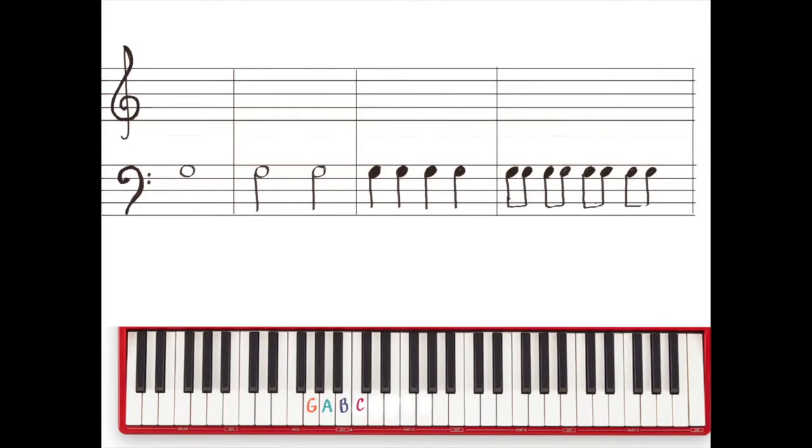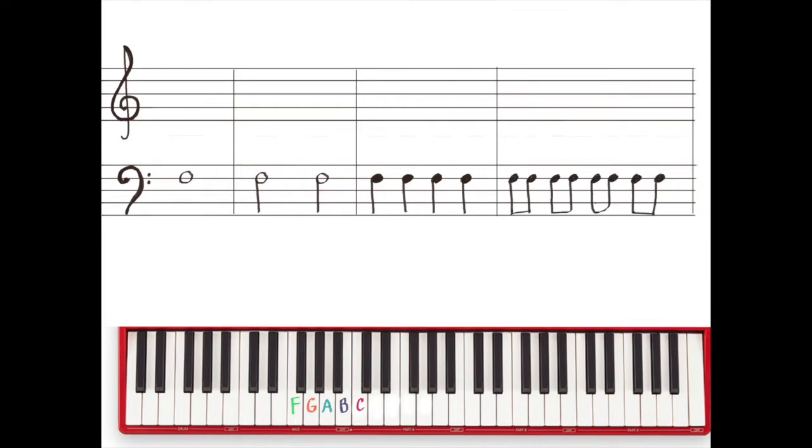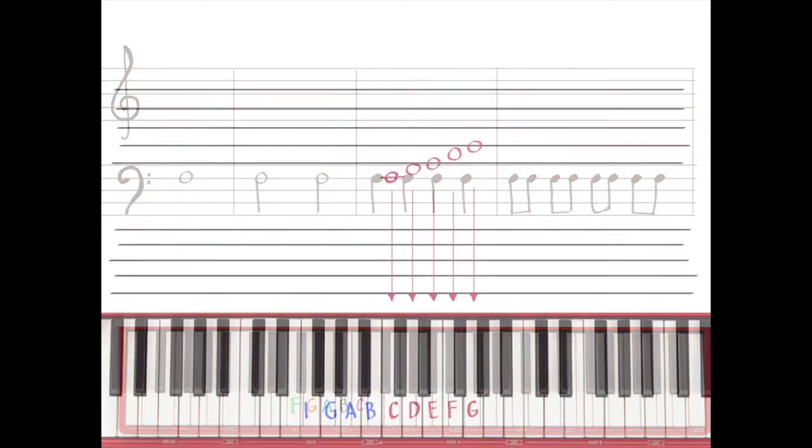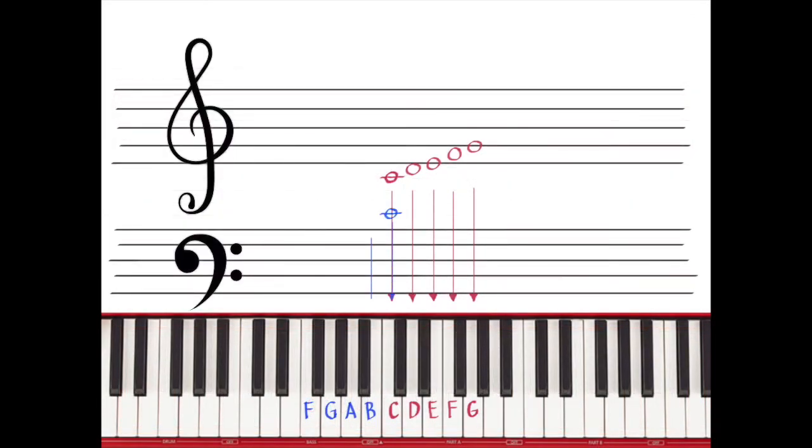And finally, F as a whole note, as a half note, as a quarter note, and as an eighth note. 1, 2, 3, 4. A quick recap, here are your 5 letters at your left on the bass clef.